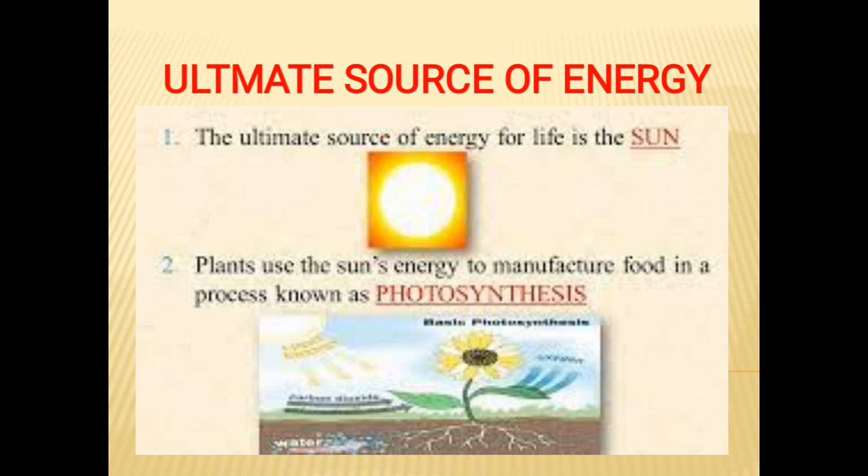That's when we talk about the autotrophic mode of nutrition, whereby plants manufacture their own food from the sun's energy. So the ultimate source of energy, from which all other energy is derived, is the sun. Both animals and plants depend on the sun as their ultimate source of energy.